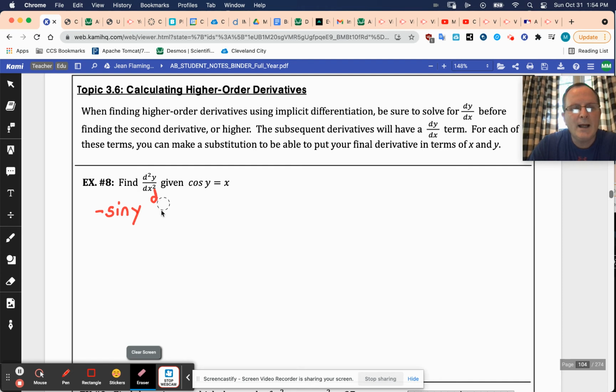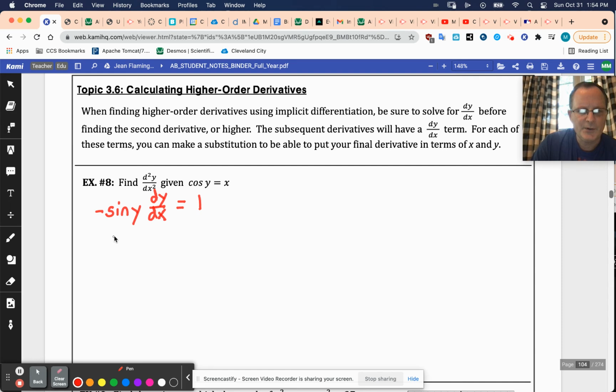The right-hand side is just 1, so that's not so bad. That means my first derivative, dy dx, is equal to negative 1 over sine y.